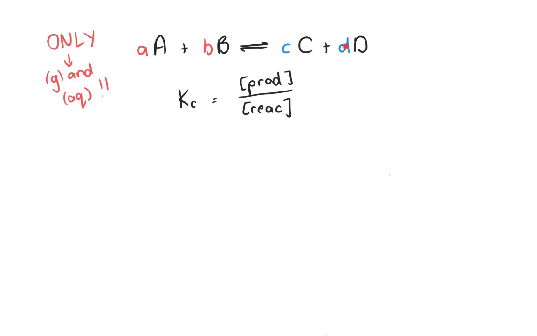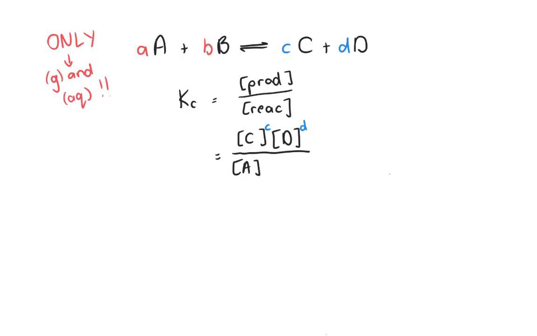So for this equation, it would be the concentration of product C to the power of its coefficient, times the concentration of product D with the power of its coefficient.